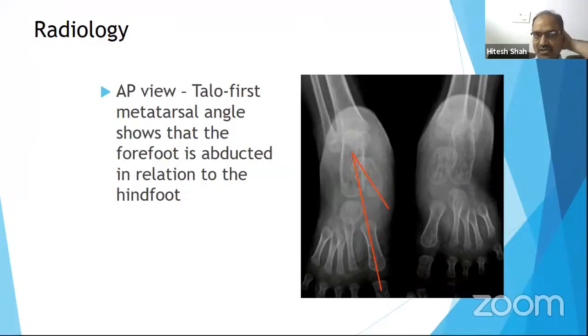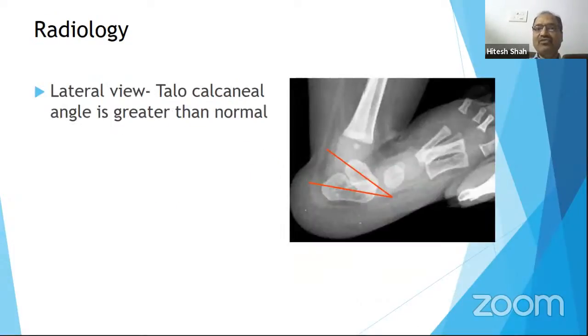Other angles: the first metatarsal is abducted. Normally talus and first metatarsal in the lateral view would be in line. Another view is the talocalcaneal angle in the lateral view, which is more. Again, in clubfoot it is parallel.